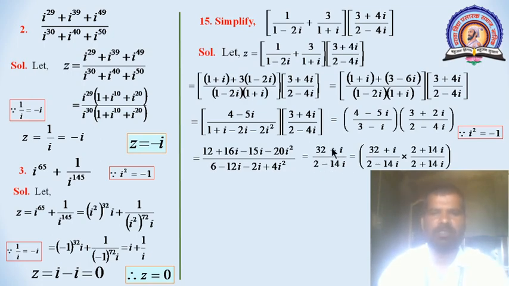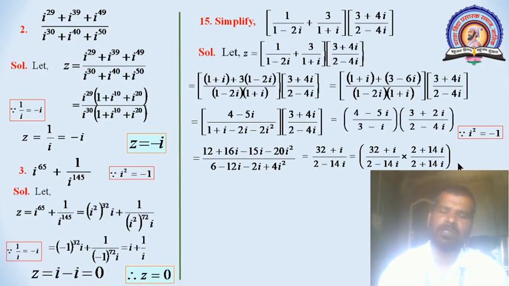So again it is division of two complex numbers. So we multiply and divide by the conjugate of this denominator, as (2 plus 14i) upon (2 plus 14i). So again multiply these two brackets and multiply these two brackets, but the nature of the denominator is (a minus b) into (a plus b).